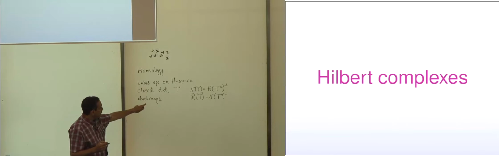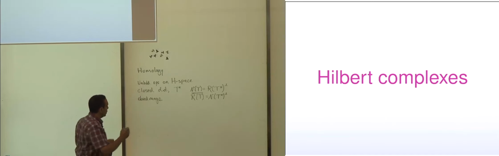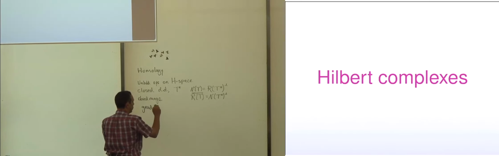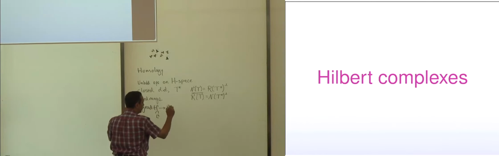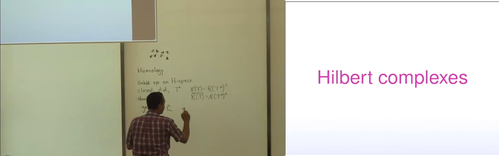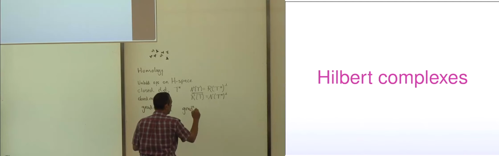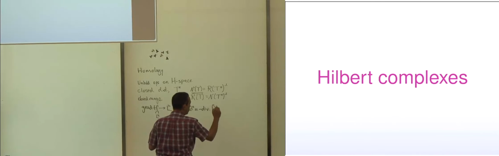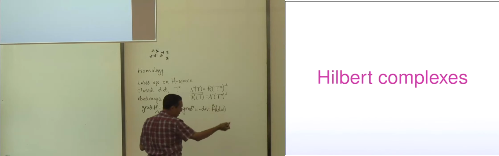The examples to bear in mind: in R3, for example, or Rn, we have gradient from H1, which is a subset of L2, to L2 vector spaces. And if that's T, then T star is minus the divergence, and that's from H0 div, which is a subset of L2, to L2.